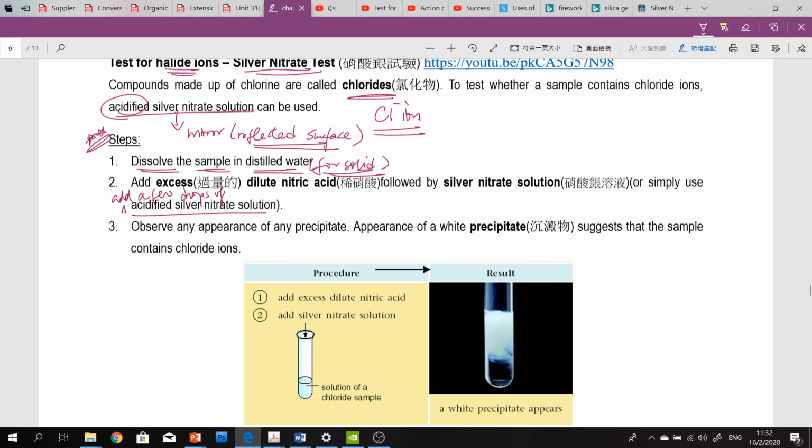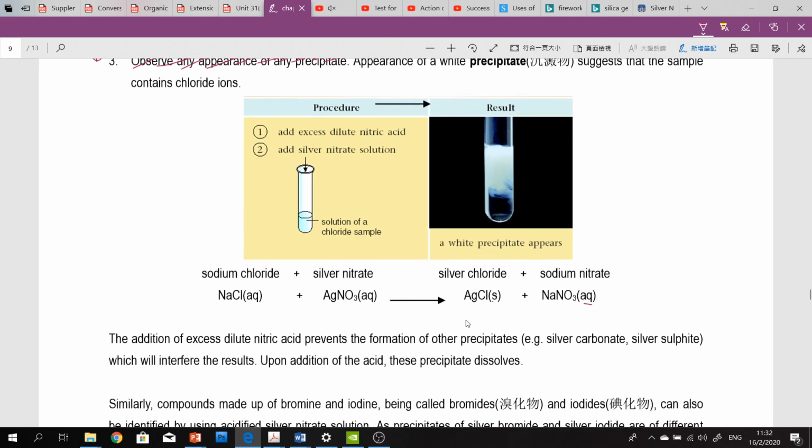Third, observe any appearance of a precipitate. If a white precipitate appears, it suggests that the sample contains chloride ions. Please memorize these three steps. A white precipitate means it is not water soluble.